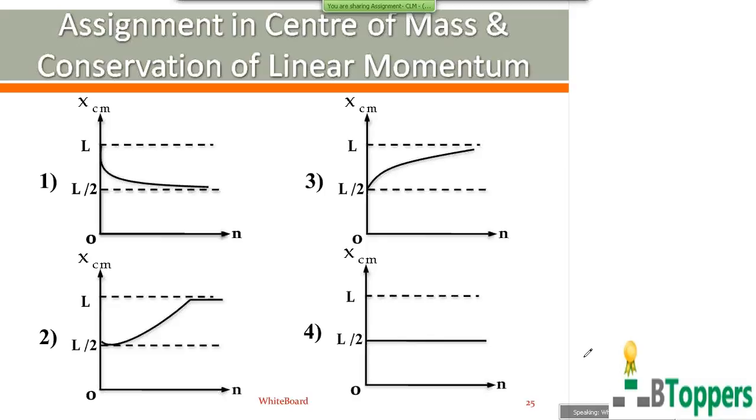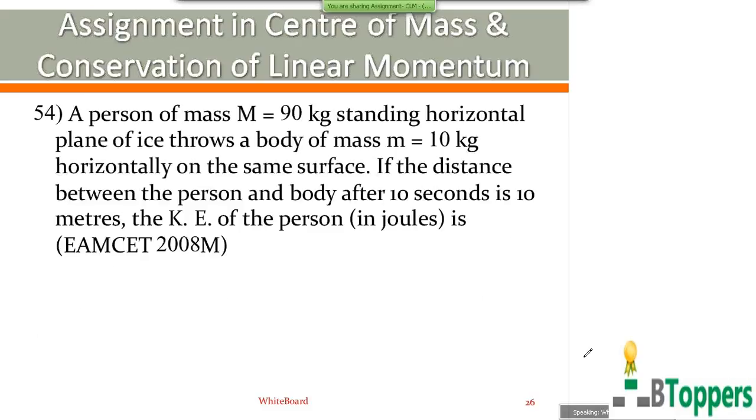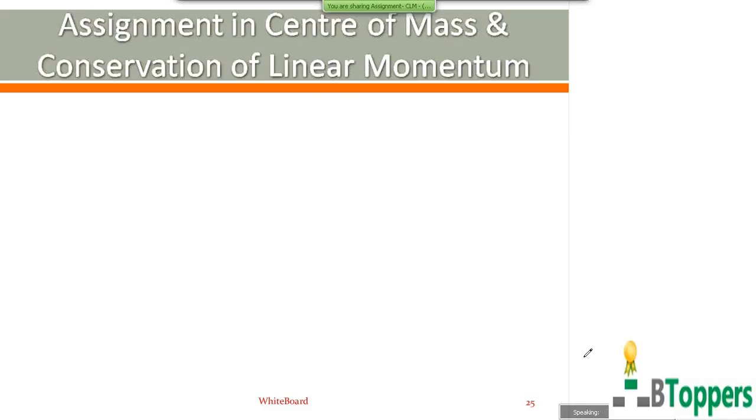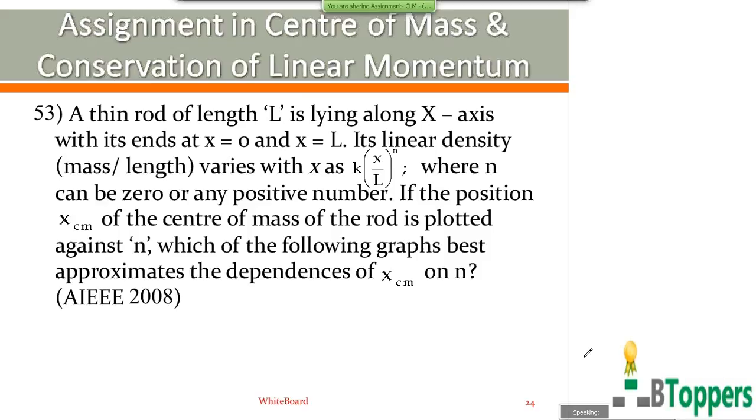If you consider the case where n equal to 0 and n equal to 1. Here mass per unit length, the linear density, I denoted by nu as I discussed in one of the problems. That is given to be (x by L) power n. So let us consider the case when n is 1.